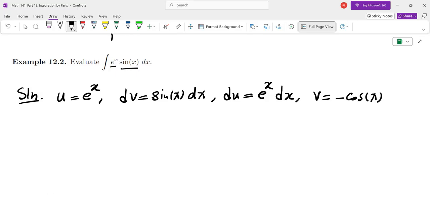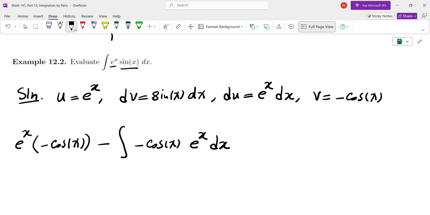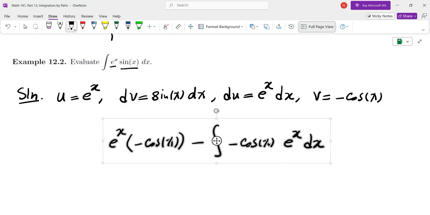Now we can apply integration by parts. So u, which is e to the x, times negative cosine of x. So this is uv minus the integral of v du, which is negative cosine of x times e to the power of x dx. And this is the integral that we started with. We started with the integral of e to the x sine of x dx.